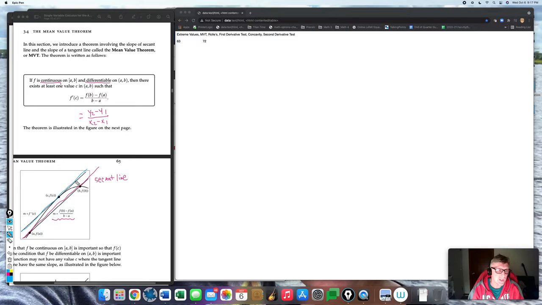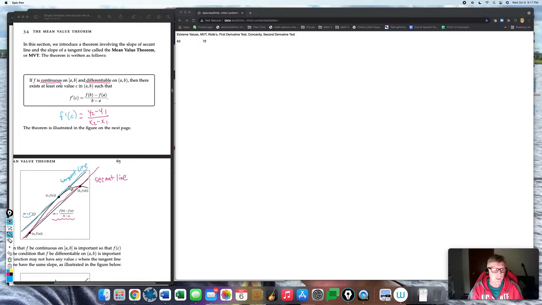So in essence, the secant line and the tangent line are parallel for at least one value of c between a and b. Okay? And the slope, of course, is the derivative evaluated at c. Okay? And in recent videos, I told you how to find the equation of the tangent line. Right now, we're just looking at the slope of the tangent line evaluated somewhere in the interval, between a and b, strictly between a and b, not equal to a, not equal to b.